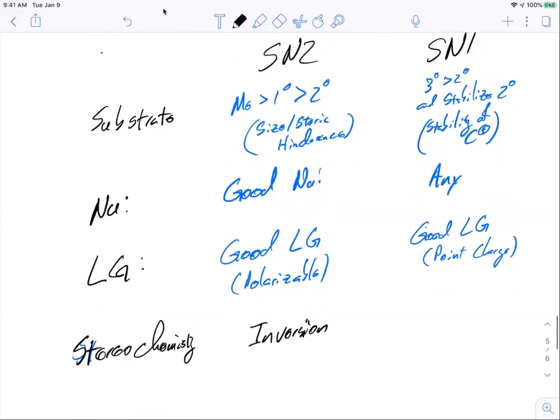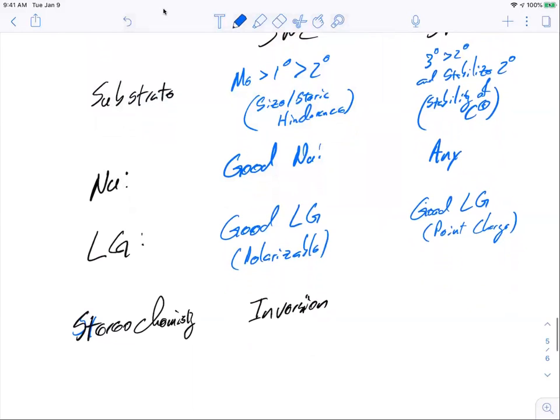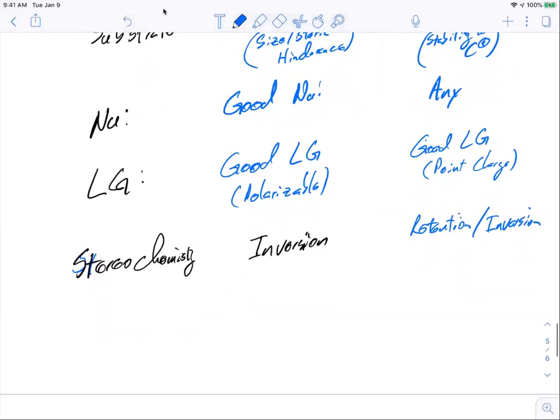For SN1, I'm going to get retention and inversion. In most terms, it's thought of as being racemic. Depending on your solvent, it could favor inversion over retention.